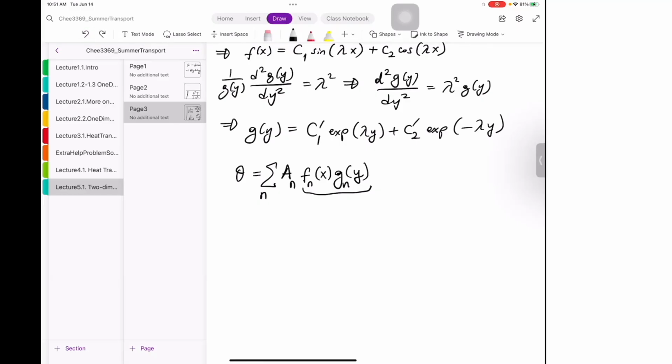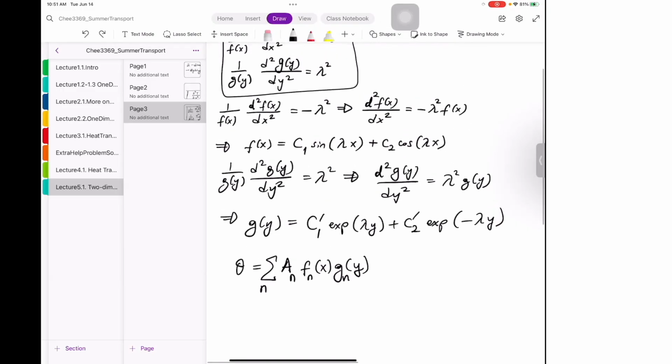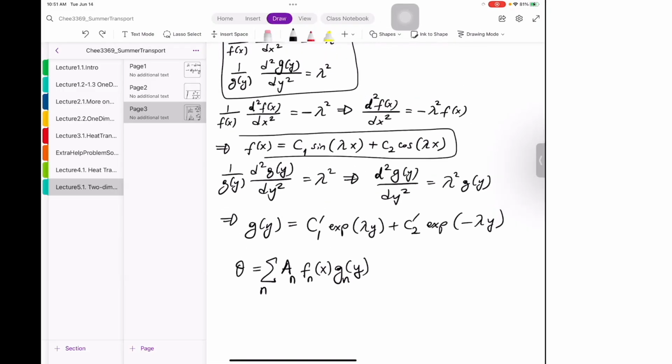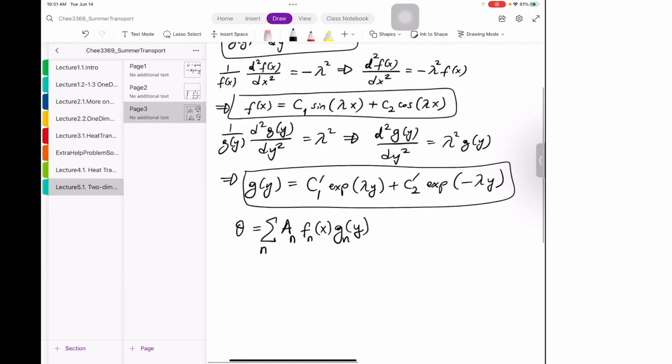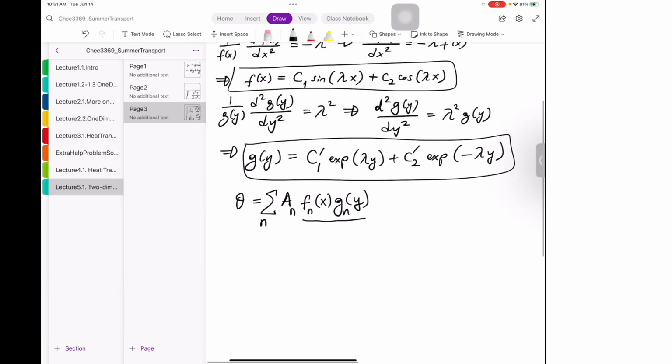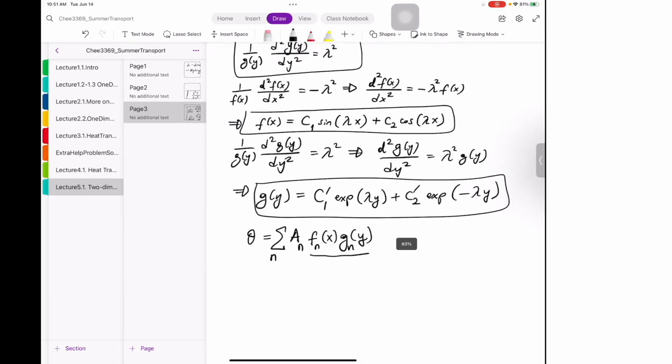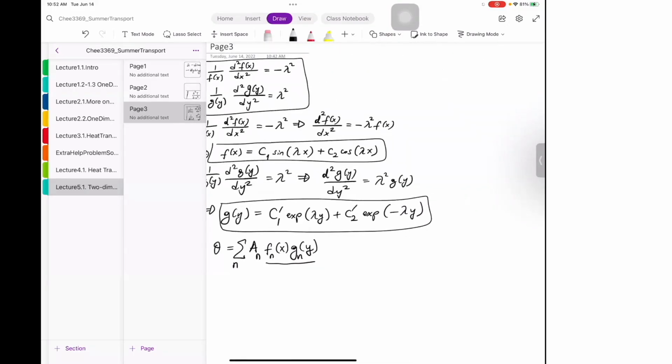So I can use my f of x and g of y in this equation, right?